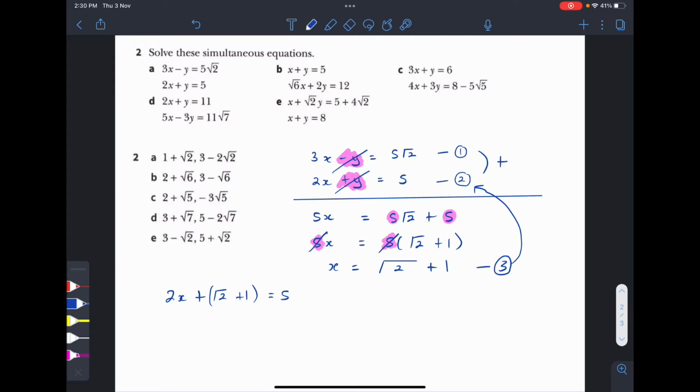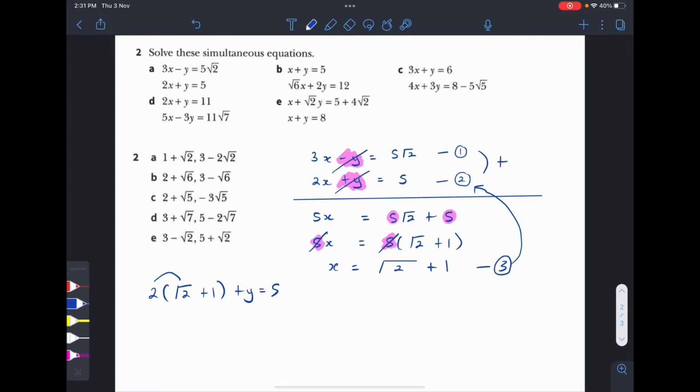I don't think there's really much I can do here. Let me think. What can I do? I got 2x plus (√2 plus 1). Oh, man, no wonder, I substituted it into the y. What am I doing? I'm supposed to substitute it into x. Alright, so it will become 2 times (√2 plus 1) plus y equals 5. There we go.